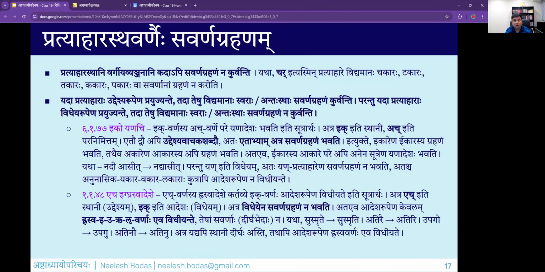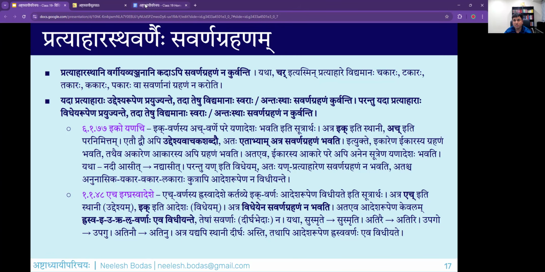And then we also saw how that uddesham or vidheyam gets expanded when it comes to savarna grahanam. The uddesha in general will always do the savarna grahanam, but you can add a takara to block that savarna grahanam. So hrasva will not include the dirgha, and the vidheya will never do the savarna grahanam. That's the gist of today's class.